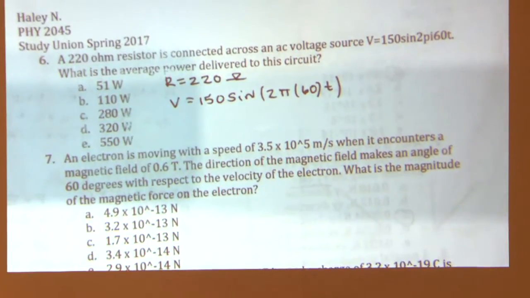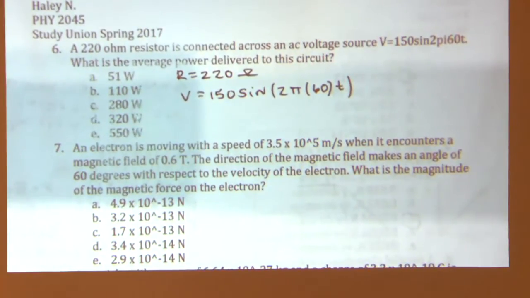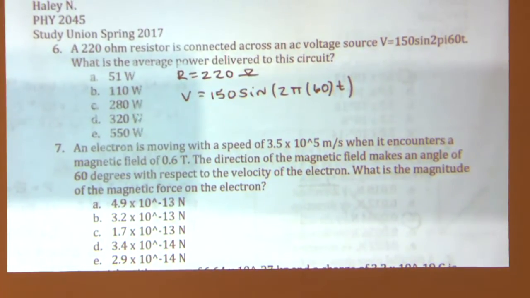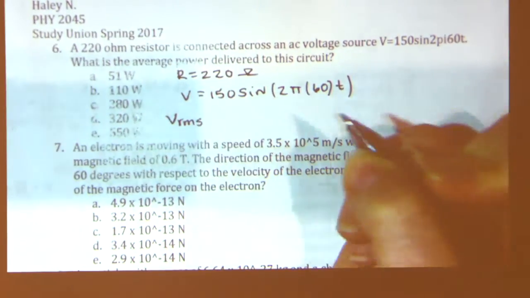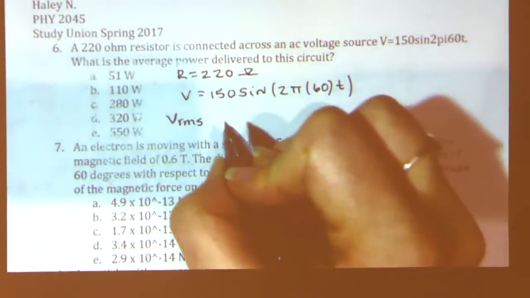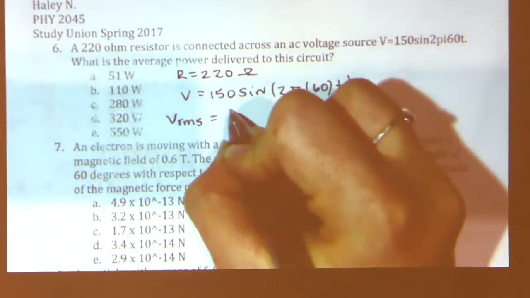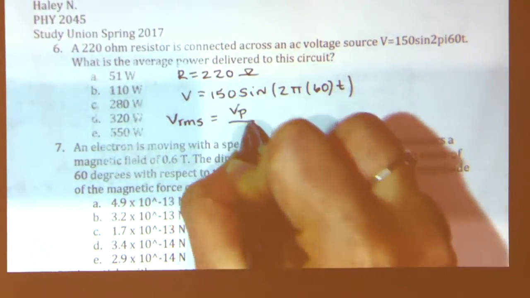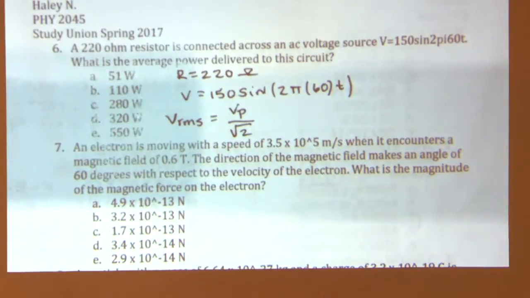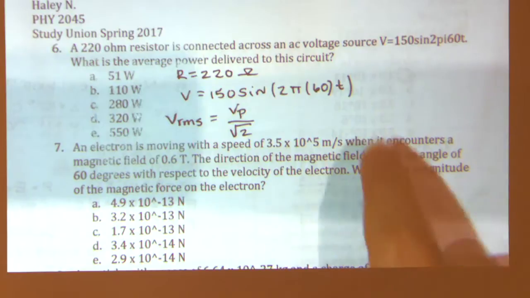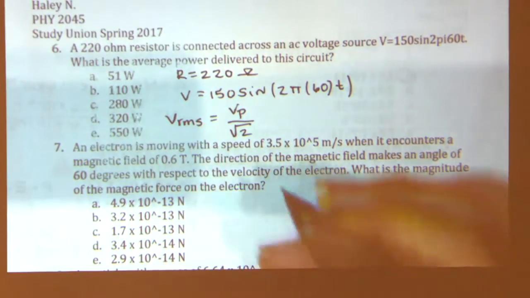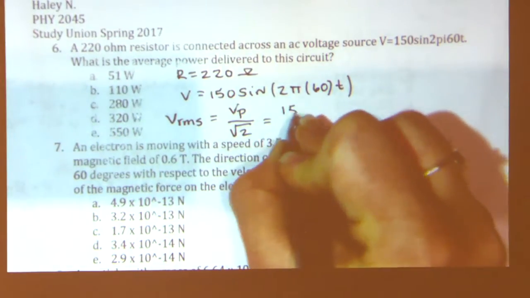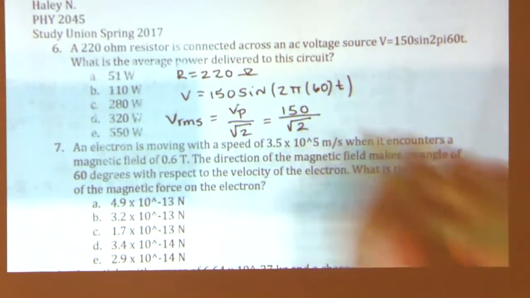Before we can find the average power, we first need to find the V RMS. Remember that V RMS is root mean square, equal to our V peak divided by square root of 2. We know our V peak is that 150, so this will be 150 over square root of 2.